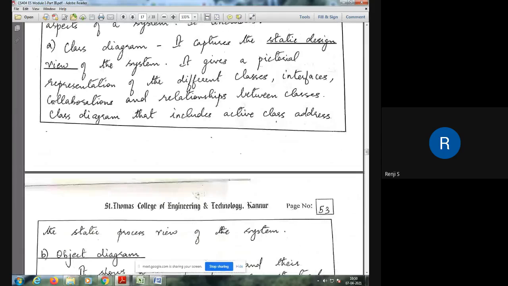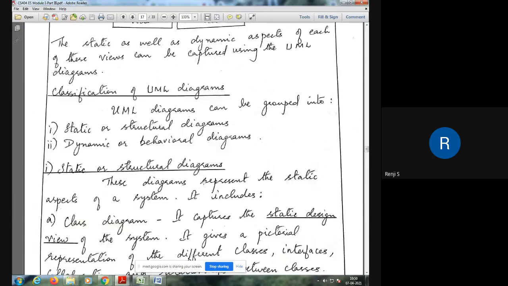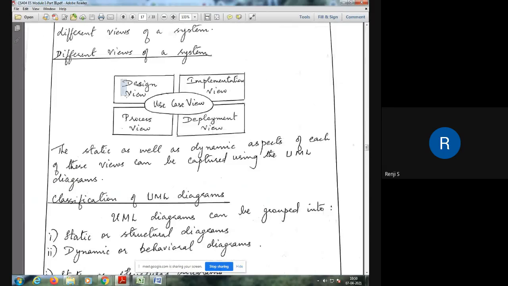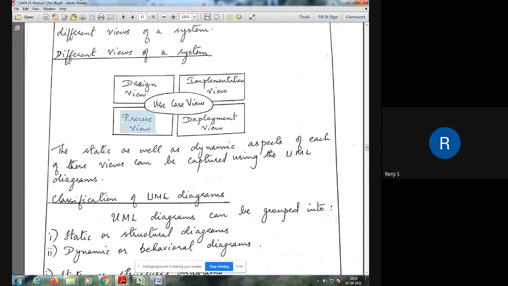And if the class diagram includes active classes, which is another structural thing in UML, then such a diagram will address the static process view of the system. So those that include normal classes address the static design view of the system, and those that include active classes will address the static process view of the system.